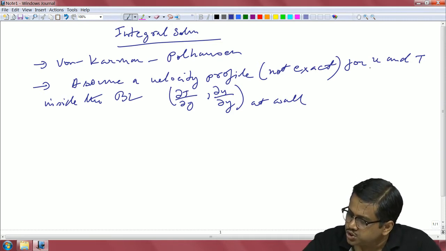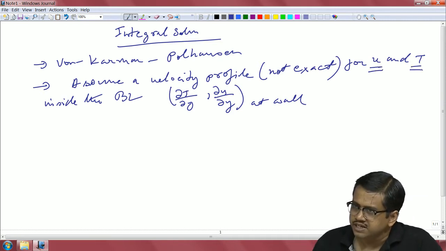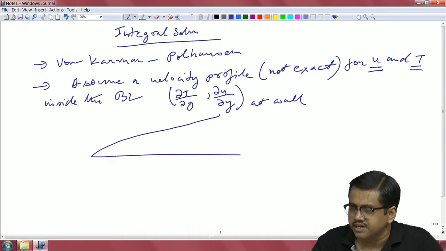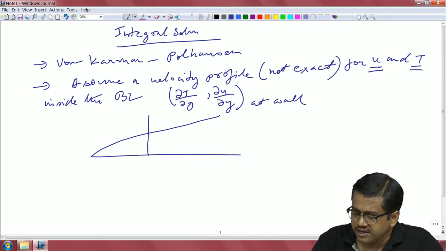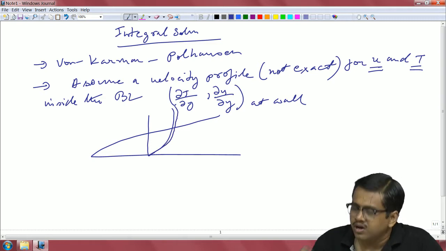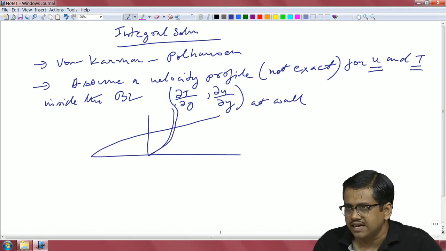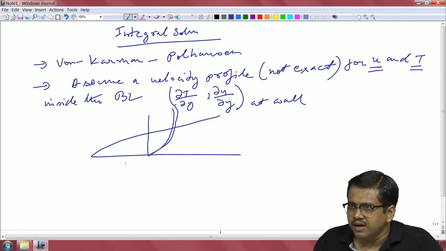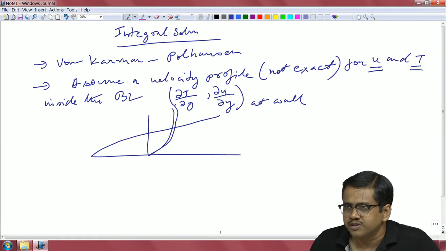So, why not assume something for u, something for T. If the normal boundary layer profile is like this, that is what we drew, then I can draw an inexact profile something like that, which kind of resembles this but is not exact because we do not know the form.